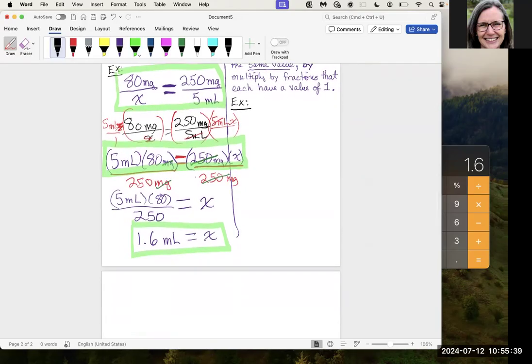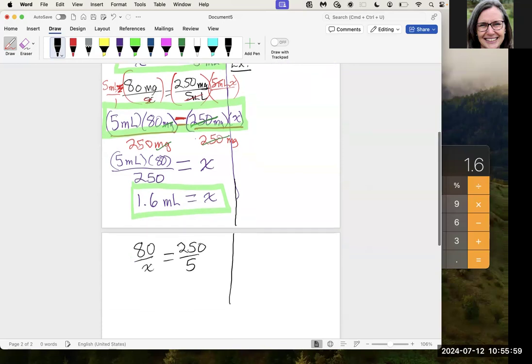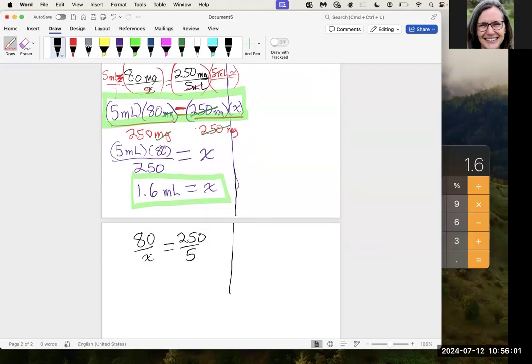But if students don't thoroughly understand what's going on, it's easy to miss the fact that you are only allowed to use cross multiplication when you have two fractions that are equal to each other. For example, if I had 80 over x, and it's the same thing as 250 over 5, then you could magically write 80 times 5 is the same thing as 250 times x.